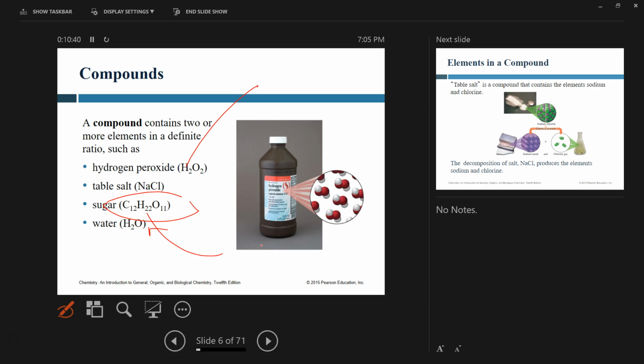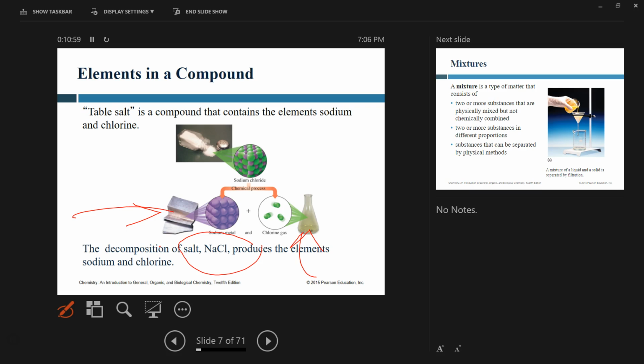If you look at the formula of sugar, it contains carbon, hydrogen, and oxygen. If you mix carbon, hydrogen gas, and oxygen gas, you're going to make an explosion, but you're not going to make sugar. So, many compounds you cannot produce from atoms directly. You have to go through some other steps.